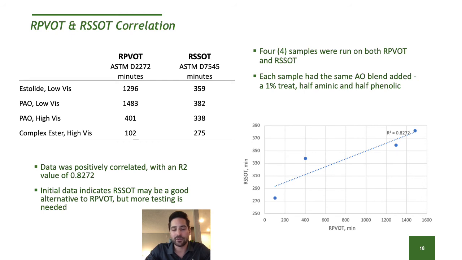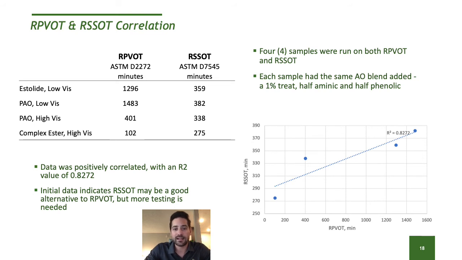You can see there is a linear correlation between the data points with an R-squared value of 0.827, which is a decent linear correlation. It does appear that the lowest value on our RPVOT, which is the complex ester, was also the lowest value on our RSSOT method.